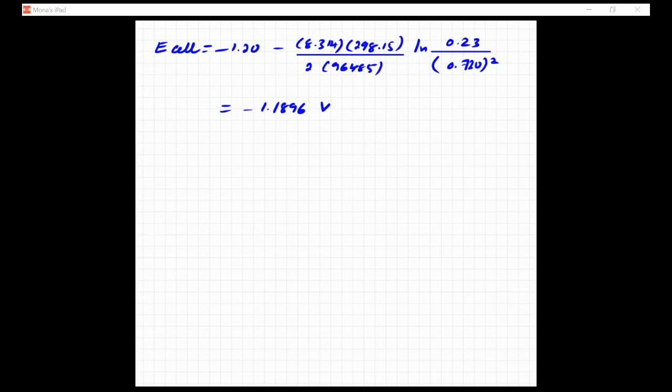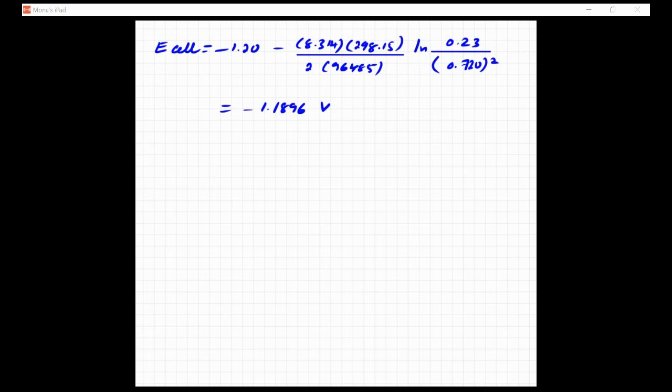This is minus 1.18. Yes, it is very low. And I said that at the very beginning: we have to be very careful here, because the values of the cell potentials are very sensitive, and we are not supposed to be rounding off.